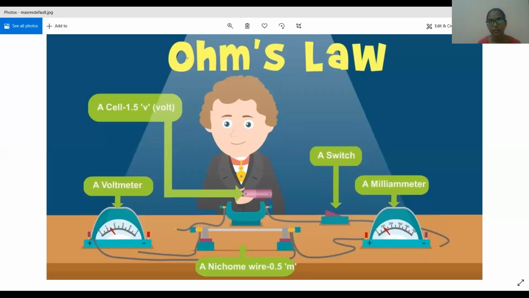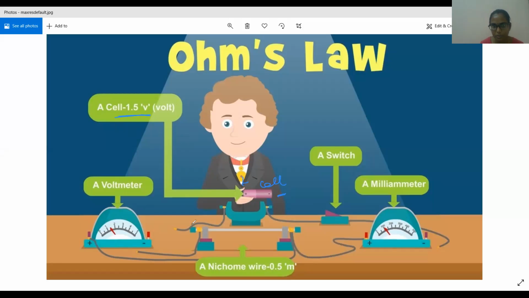You can verify Ohm's law in the laboratory by connecting some devices that are required. First, what you require is a cell, a 1.5 volt battery. This is the source. When you pass this current, you require wires. Let us say this side is the positive terminal and this is the negative terminal of the cell.